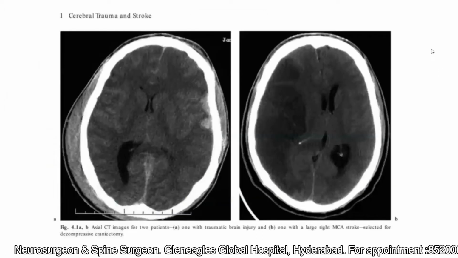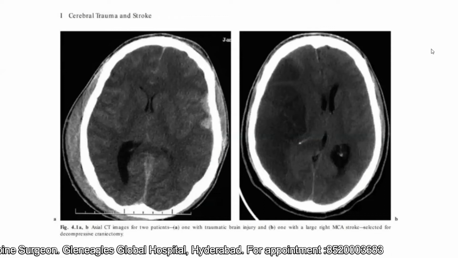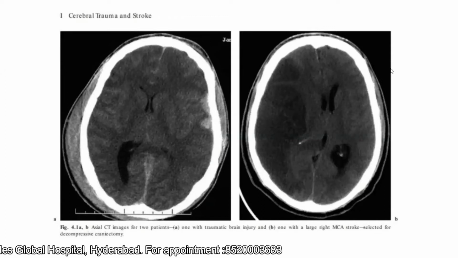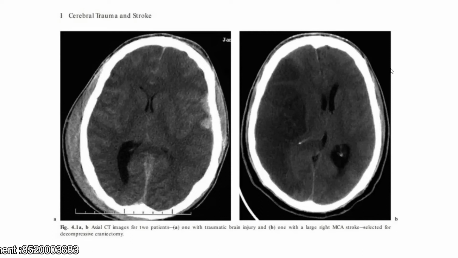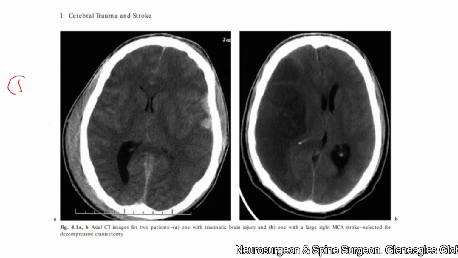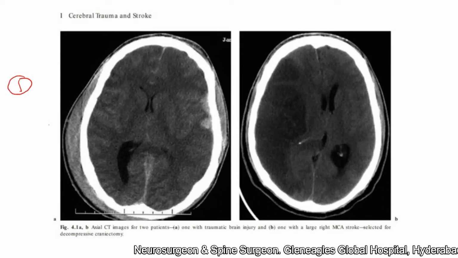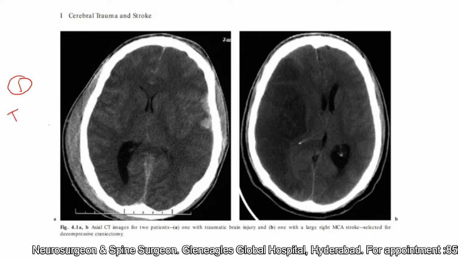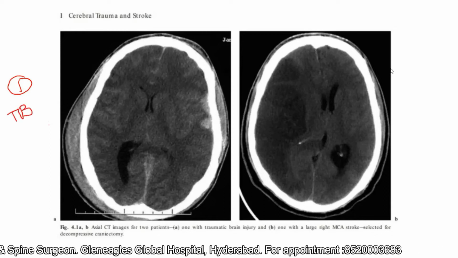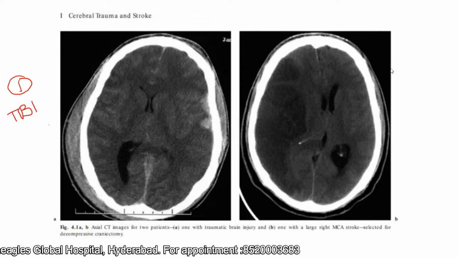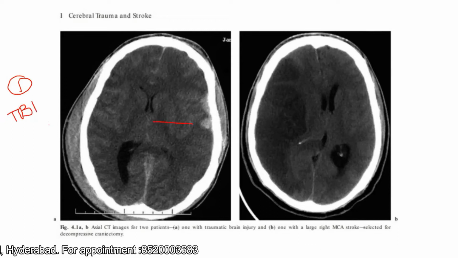So before I go into the operative procedure, let us discuss regarding the classical indications. There are two classical indications for decompressive craniectomy. So the first indication is traumatic brain injury. Traumatic brain injury where the midline shift is more than 0.5 mm.